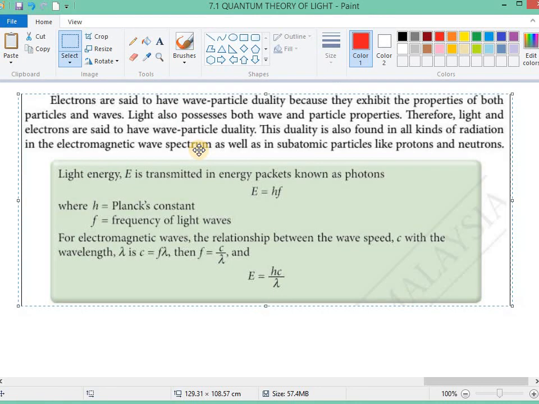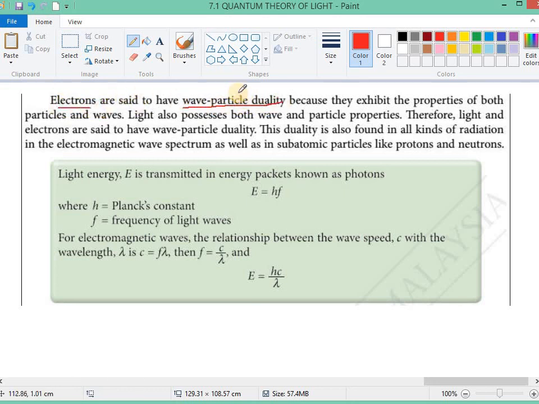Okay, electrons are said to have wave-particle duality because they exhibit the property of both particle and wave. So electron, we know electron have mass. So that means electron is definitely a particle.